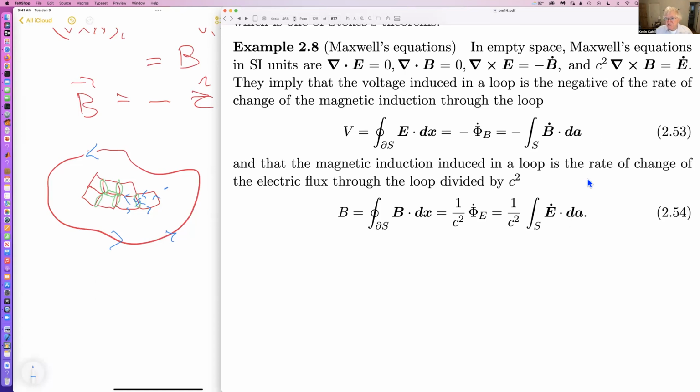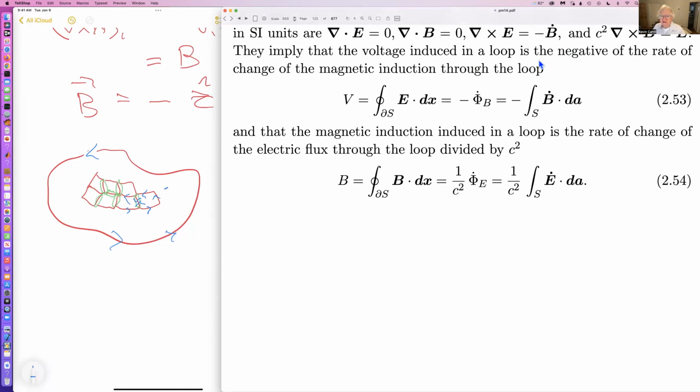In empty space, Maxwell's equations are: divergence of E vanishes, divergence of B vanishes, curl of E is minus B dot, and c squared curl of B is E dot.